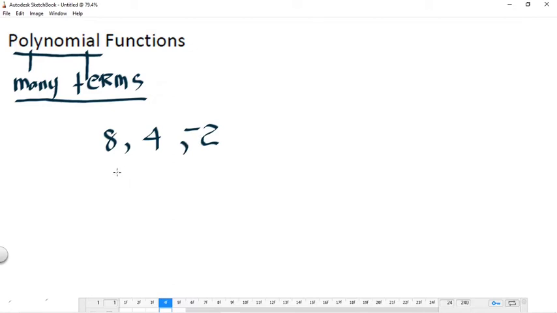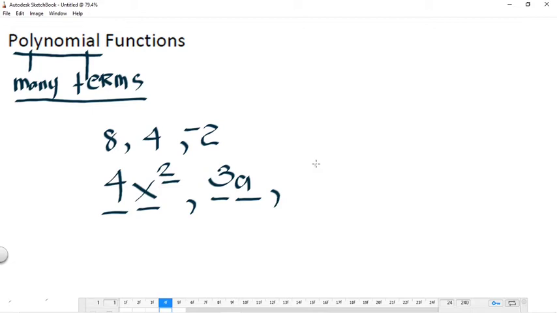It can be 4x raised to 2, a number and a variable with exponent, 3a, a number and a variable, 6b raised to 3, or h only, just variable.